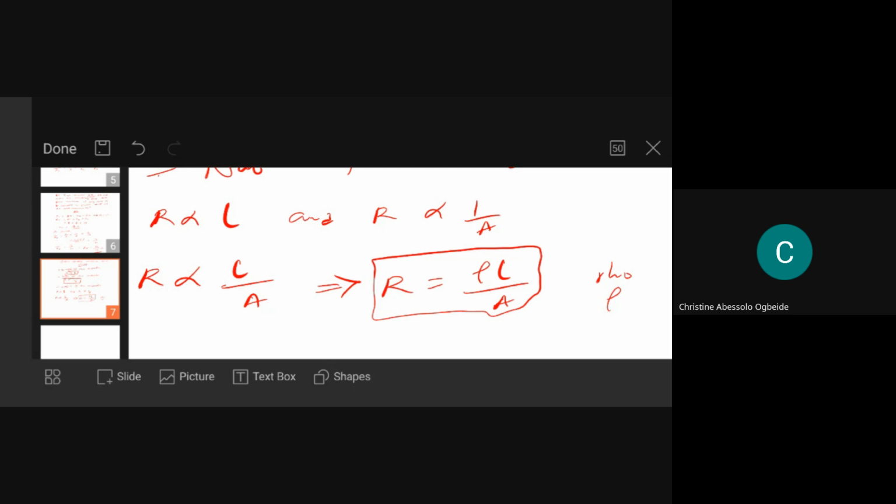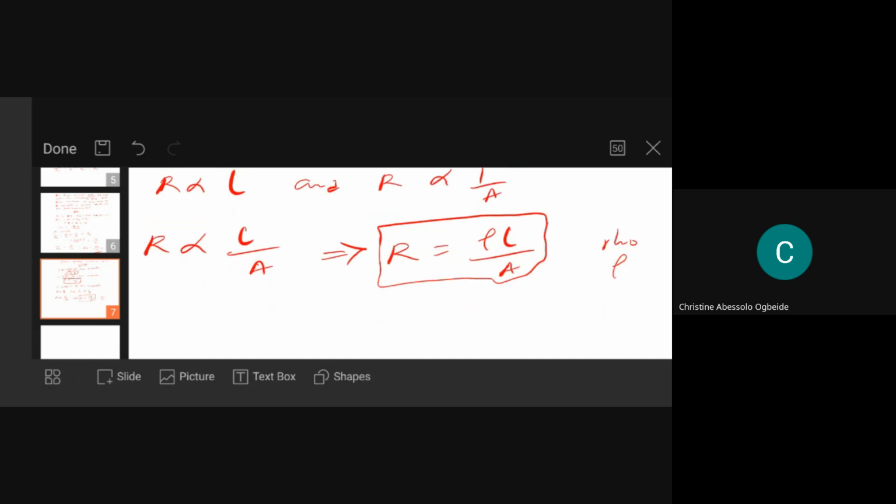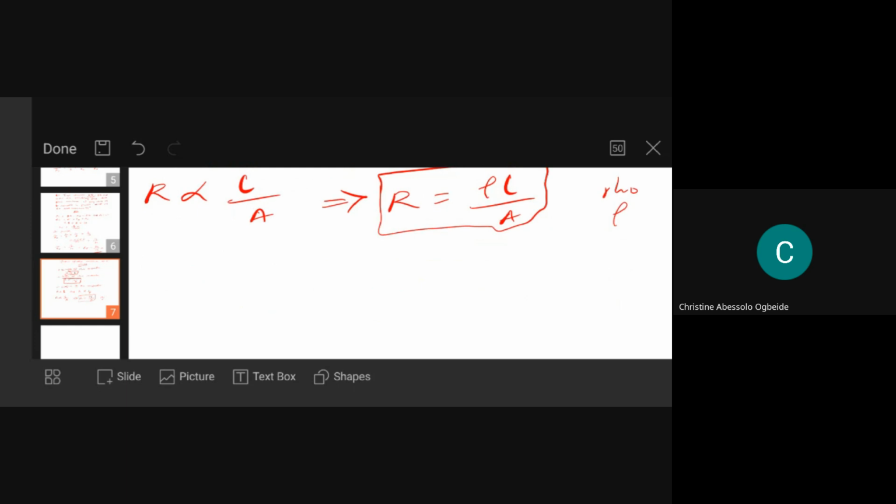But before then, I want us to take one more equation, having established Ohm's law. Remember I said that V is work done over charge.